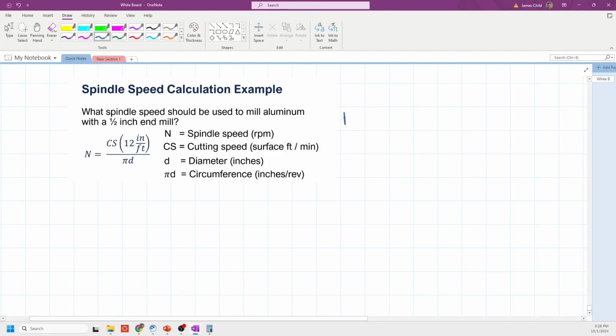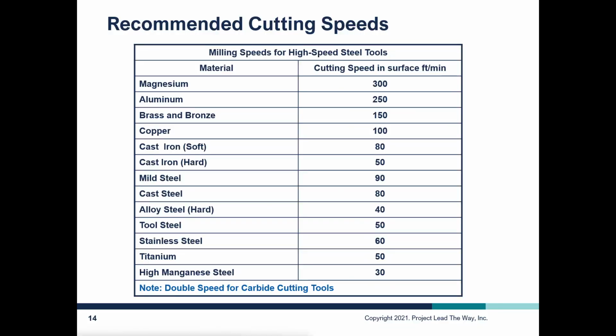N is what we're calculating. So N is equal to 250. 250 is correct. Okay.